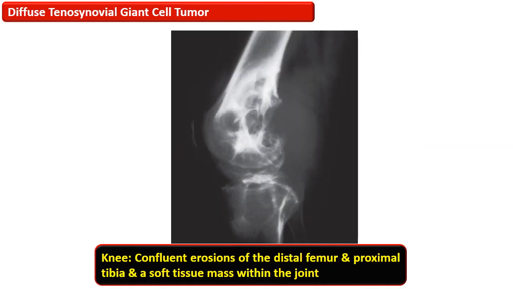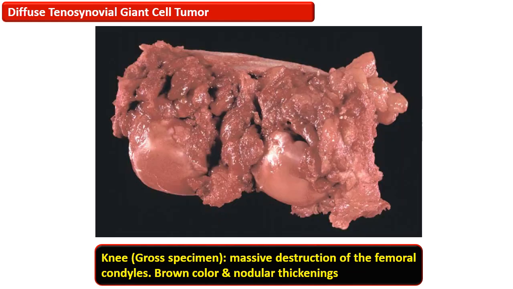This is the radiological appearance of the tenosynovial giant cell tumor, diffuse form, which is showing a soft tissue mass within the joint and confluent erosion of the distal femur and proximal tibia. This is the gross appearance of the diffuse form of tenosynovial giant cell tumor. There is massive destruction of the femoral condyles.